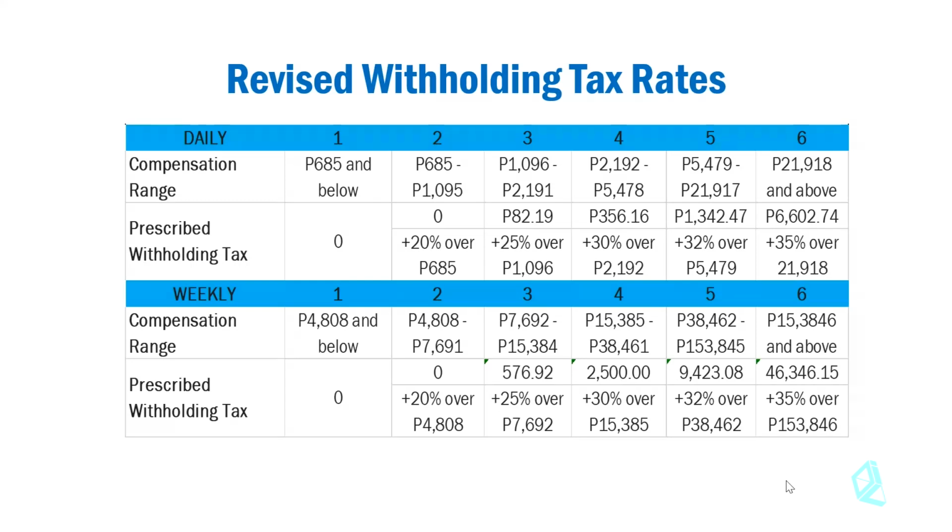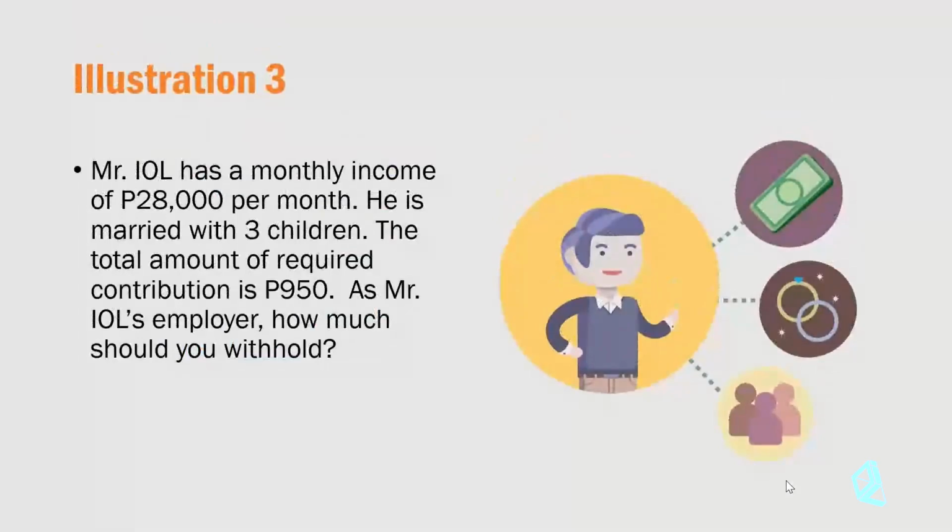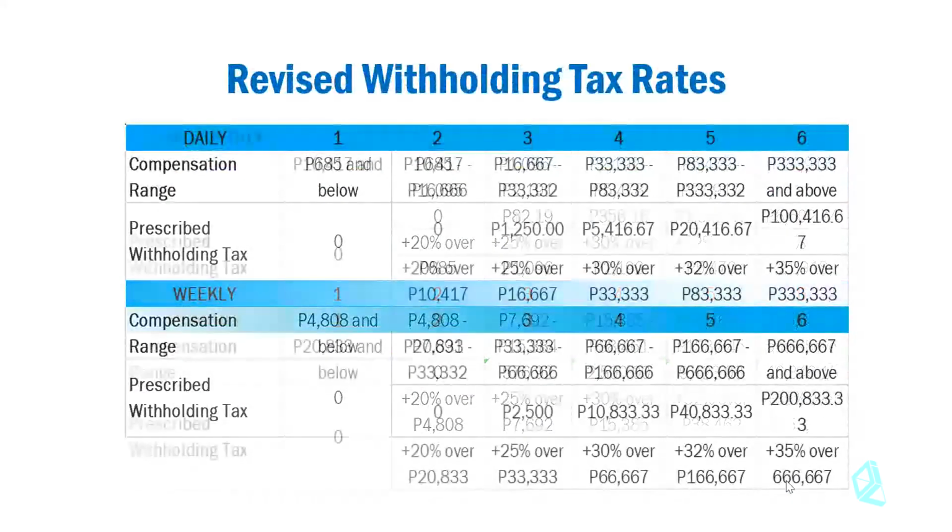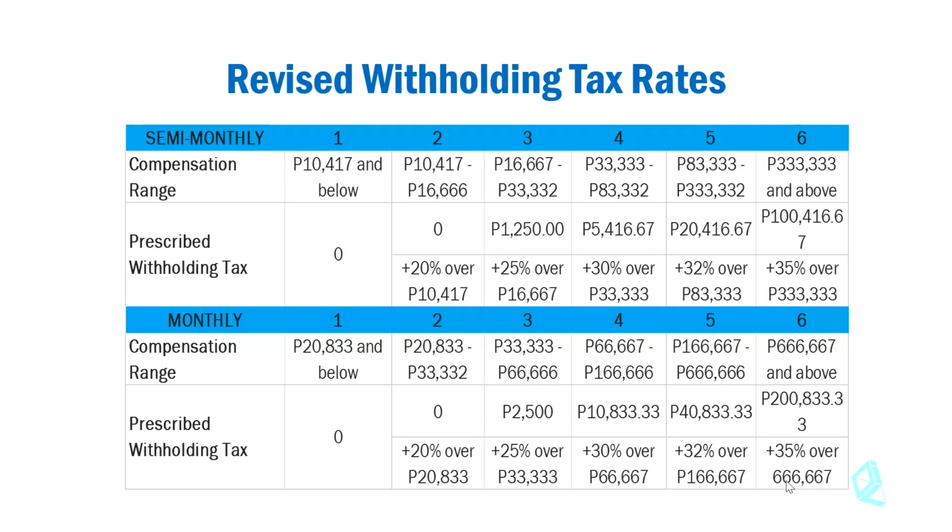Then you have there the compensation range, which is very important, and prescribed withholding taxes. So since we were asked to compute for the withholding tax of Mr. IOL, who receives salary every month, we will make use of the monthly table. So you have there the monthly table.